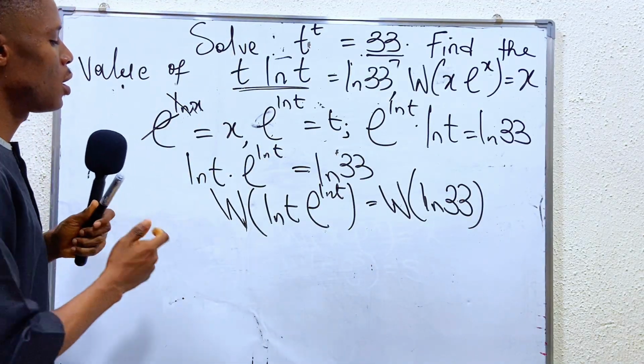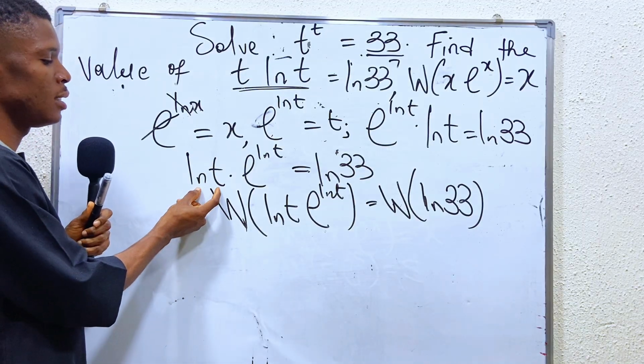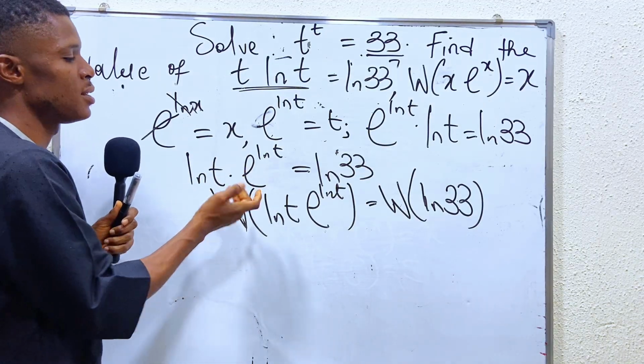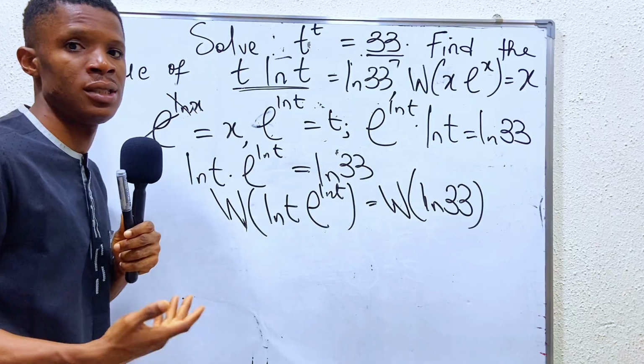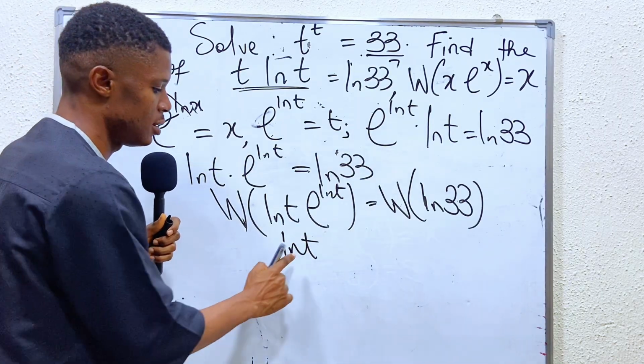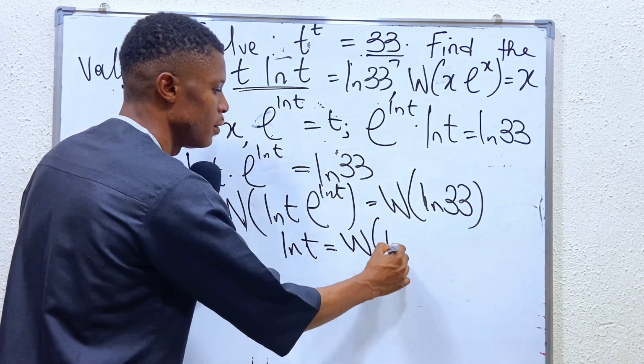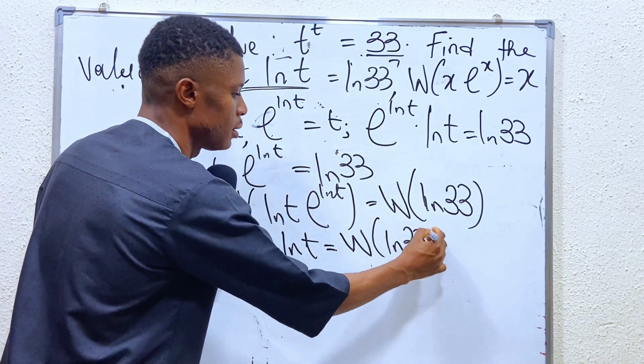The reason why we did this is that multiplication is commutative: ln t times this is still the same thing as this. Actually, nothing changed. So ln t is equal to the Lambert W function of ln 33.